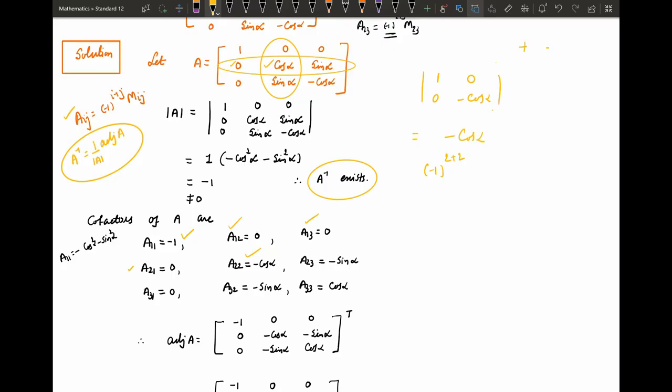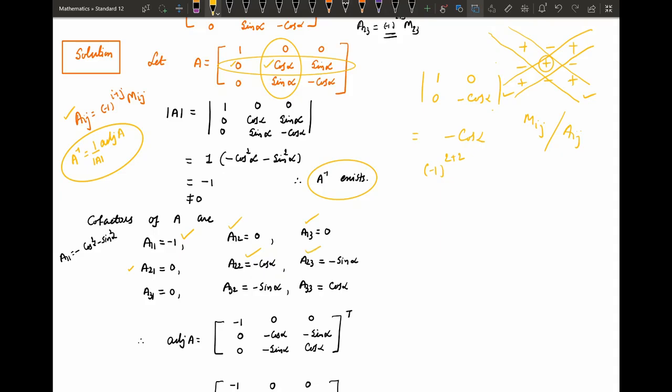Or you can give signs plus minus plus, minus plus minus, plus minus plus. You can observe that for entries which lie on the principal diagonal and subsidiary diagonals, the minor is the same as the cofactor.